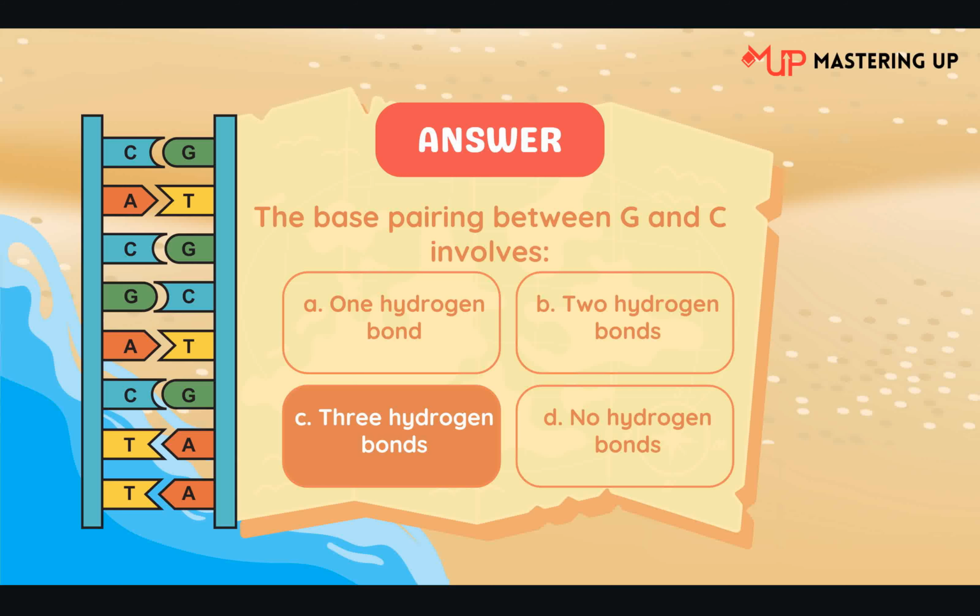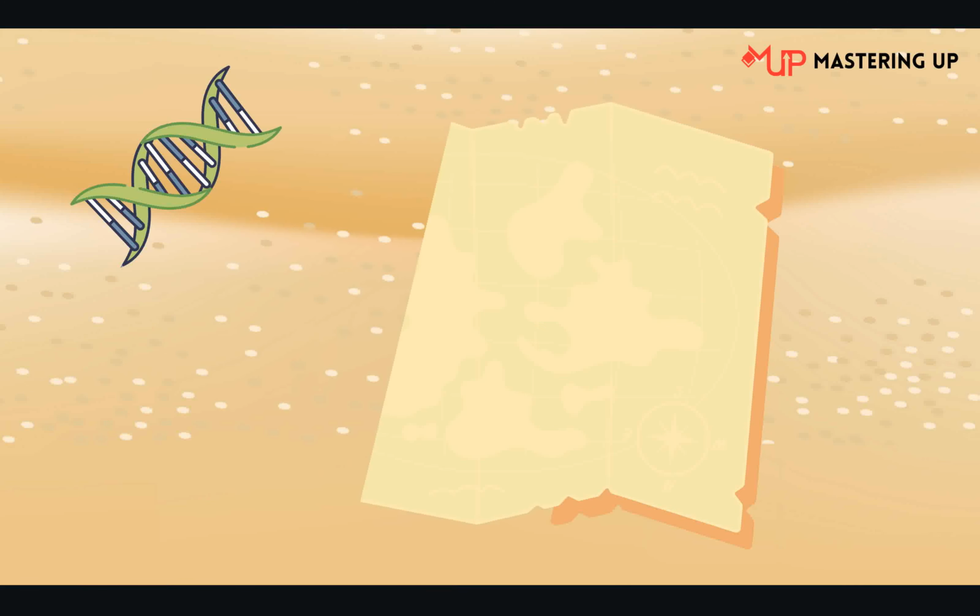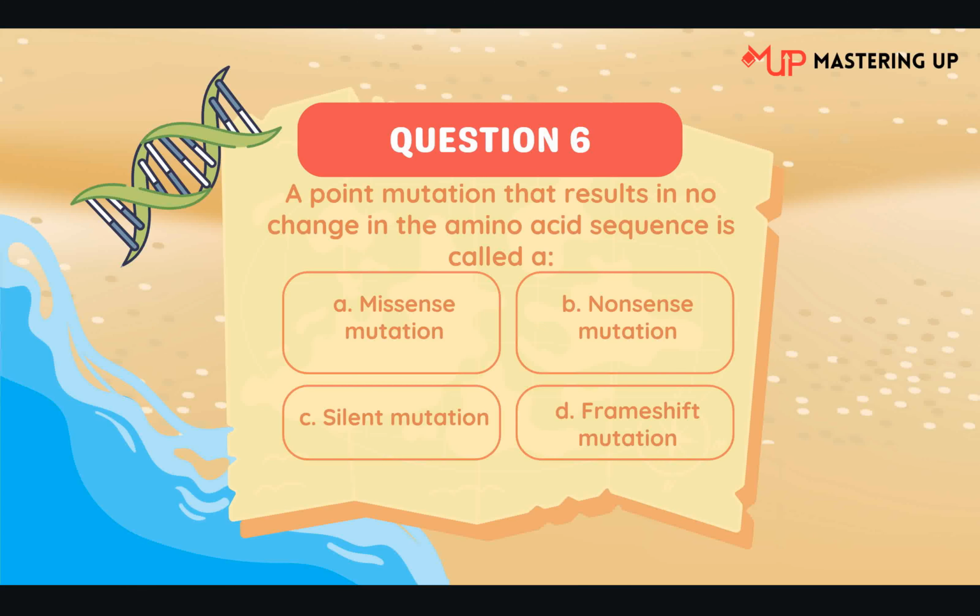These are the questions about base pairing rules. Now we will see questions on mutations. Question 6: a point mutation that results in no change in the amino acid sequence is called what? Option A, missense mutation. Option B, nonsense mutation.